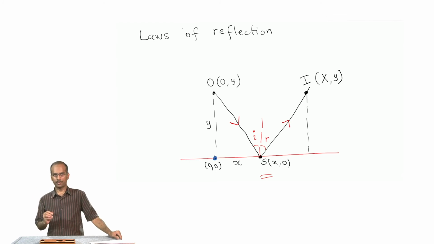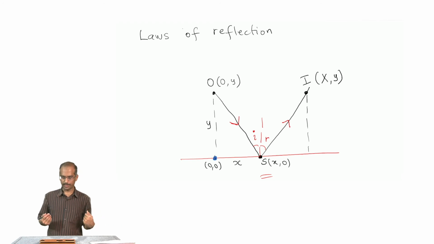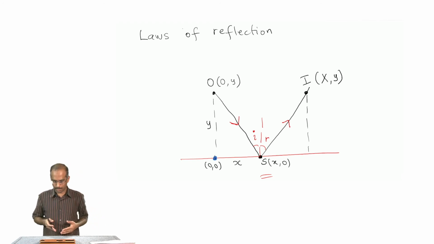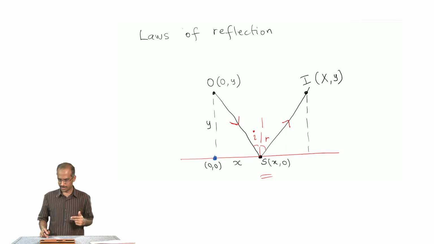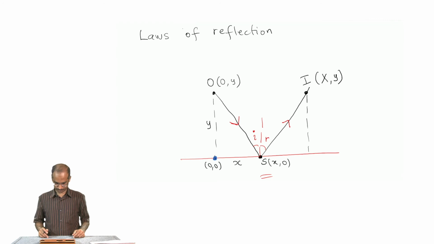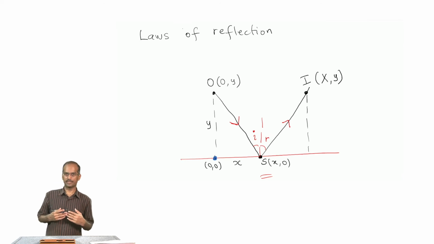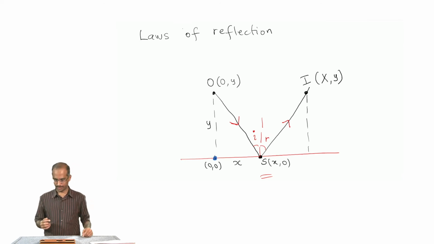At this point S where the reflection takes place I have a normal drawn, and with respect to that perpendicular or normal there are two angles defined. One is angle I, which is called the angle of incidence, the angle at which the incident ray hits the surface S, and there is another angle defined which is R. This is the angle at which there is an outgoing ray, the reflected ray.